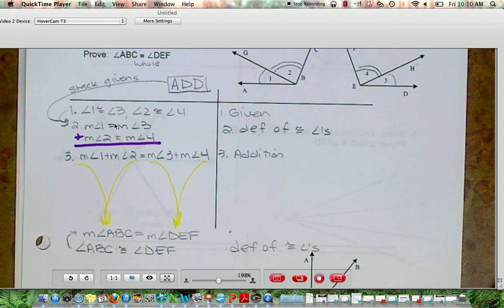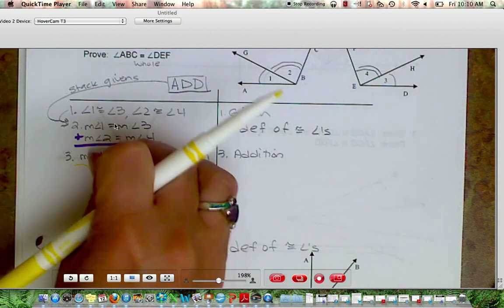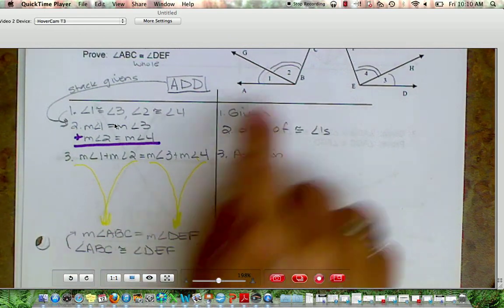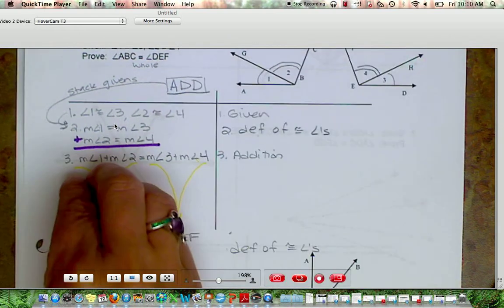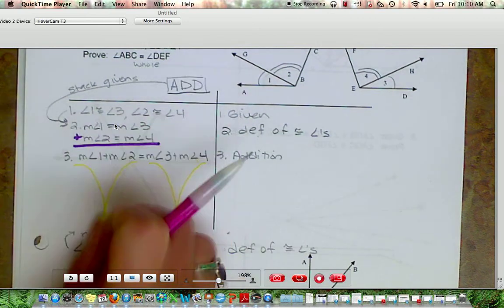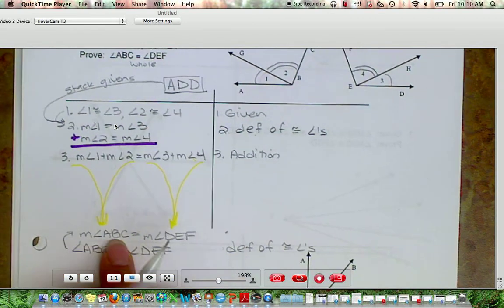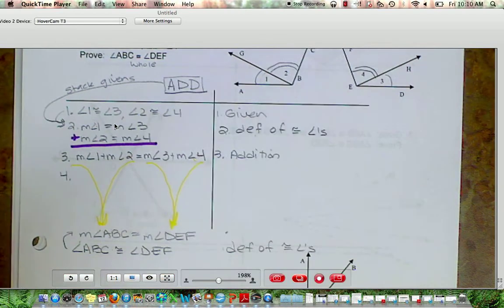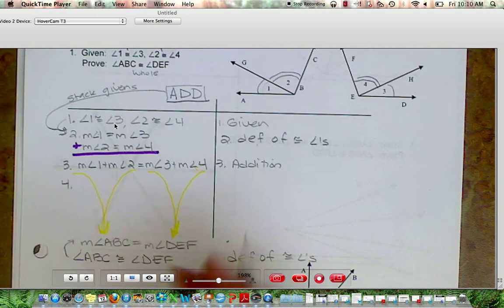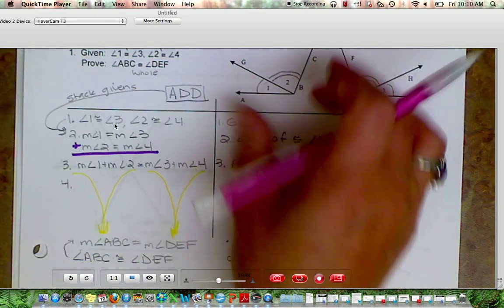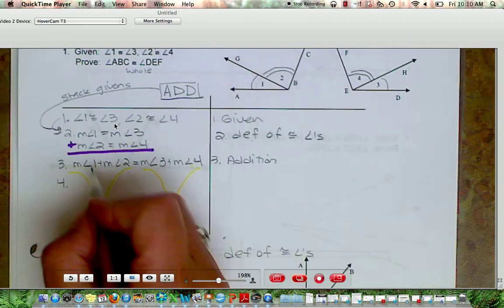So we can't go straight from here to here, though, because the reader, or the proof, doesn't know what's going on in the picture unless we state it over here. So in order to contract that into a single angle, we need to tell the proof what's going on in the picture. So that means we need to tell it what angle addition, what parts are going on here.